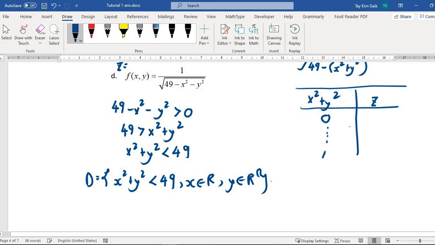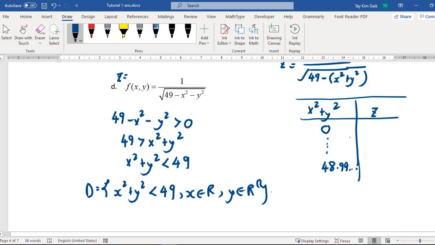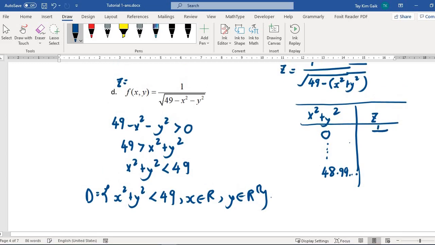The maximum value is, you can put 48.99 something. Okay, so when you plug in x squared plus y squared equal to 0, you get the answer 1 over 7. Okay, less than 49. If, let's say, I plug in 49, okay, easy here, I put a value less than 49, I put 48.